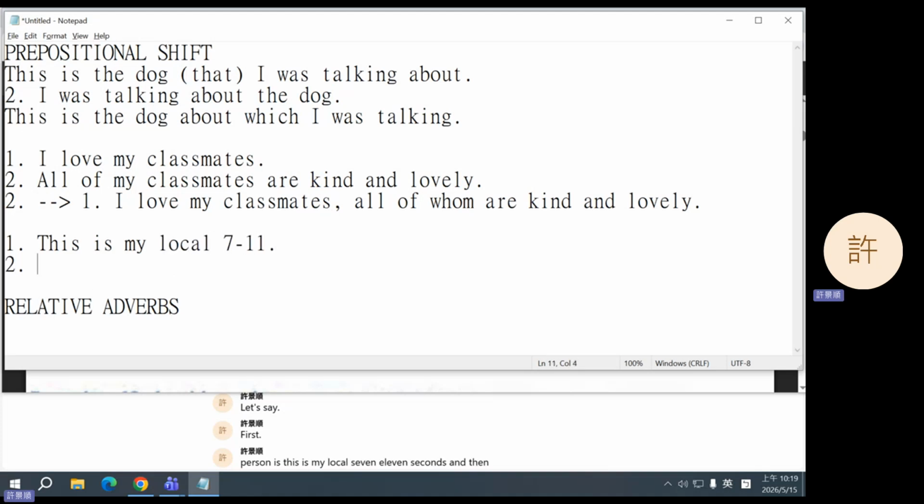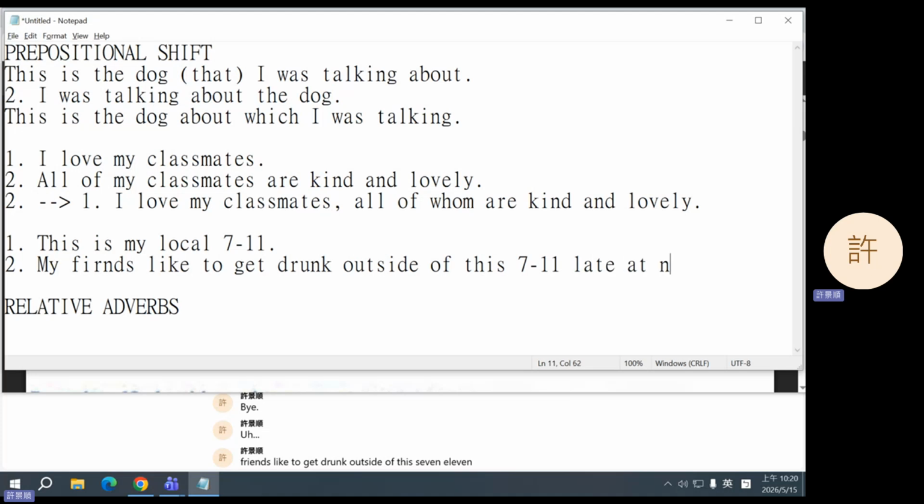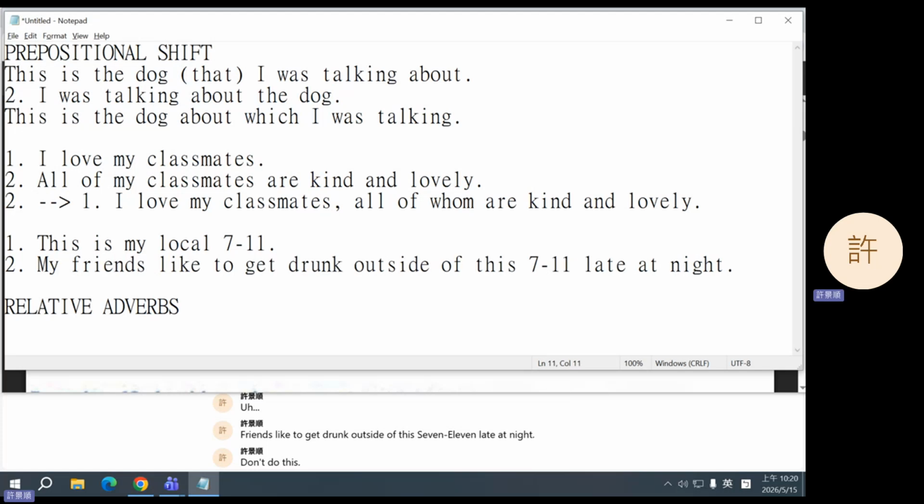Second sentence: My friends like to get drunk outside of this 7-Eleven late at night. Don't do this. This is just an example.